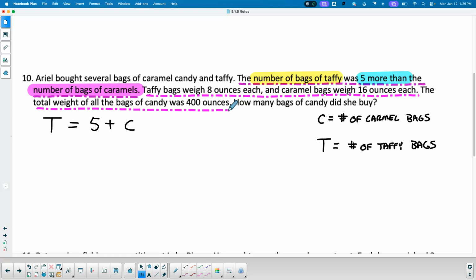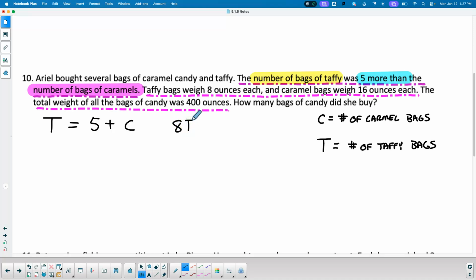Make part of an equation based off of that. Each taffy bag weighs 8 ounces. That's an 8T. Caramel bags weigh 16 ounces.